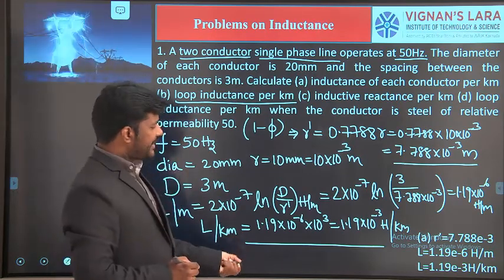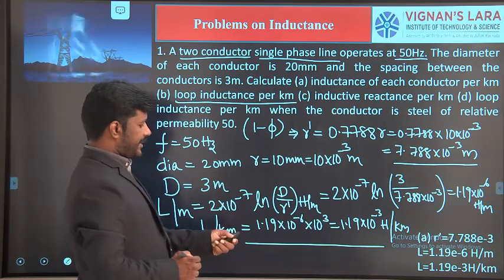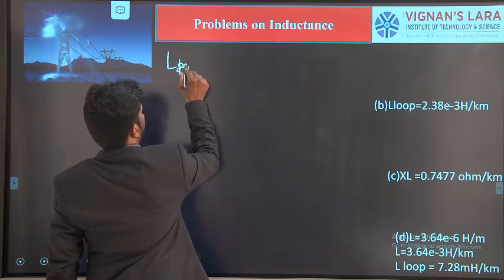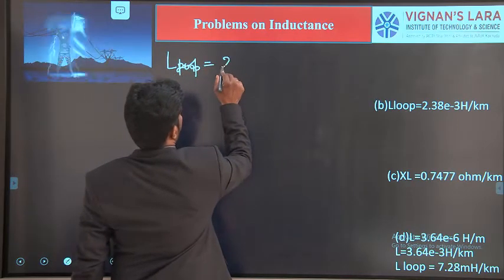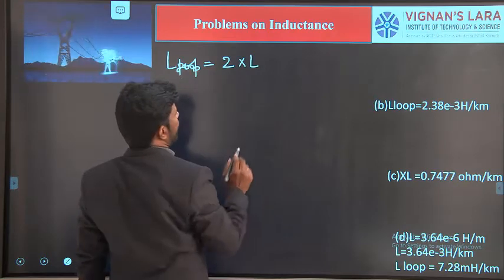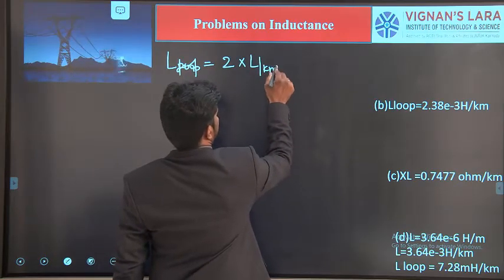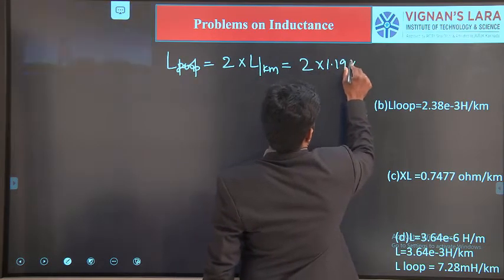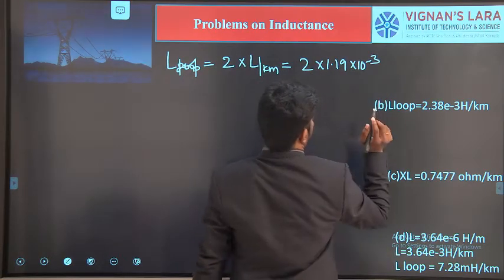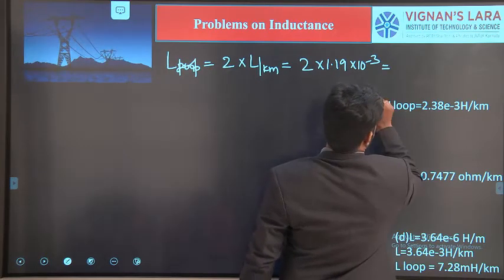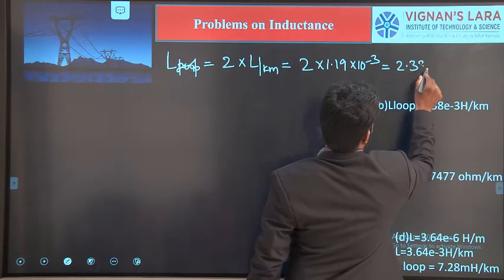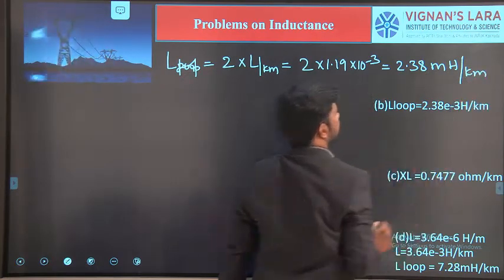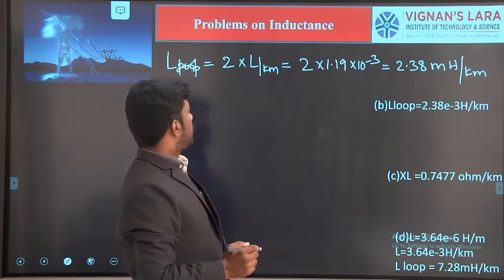So we can write the loop inductance as 2 times the inductance we calculated for 1 kilometer length, which is 2 times 1.19 into 10 power minus 3. On product in the calculator, you will get 2.38 millihenries per 1 kilometer length. So that is the loop inductance.